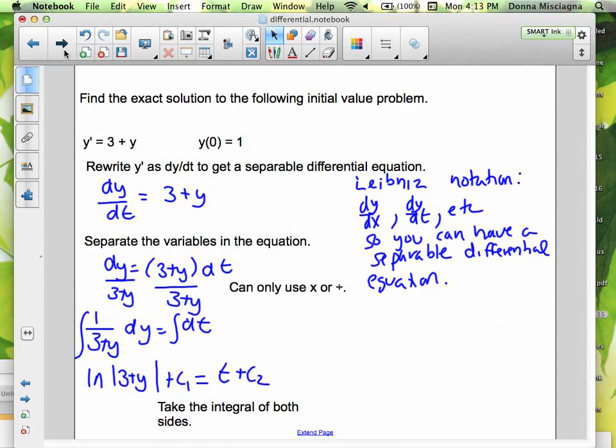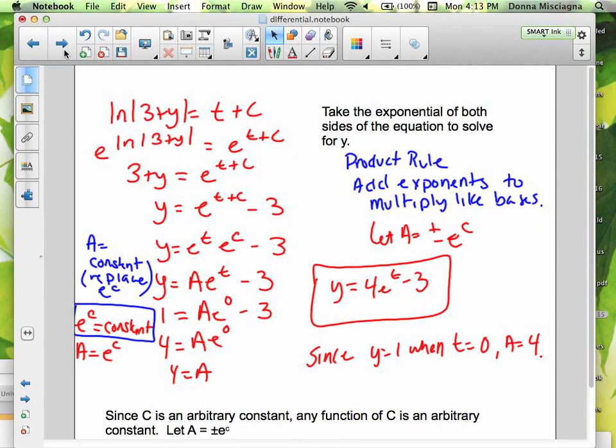So we replace the t with 0, the y with 1, and solve for a. Now I've got 1 equals a times e to the 0 minus 3. Add 3 to both sides, so 4 equals a times e to the 0. E to the 0 is just 1, so 4 equals a.